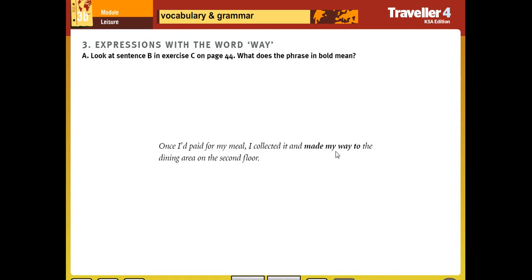When you make your way to, it means that you go in the direction of. I made my way to the dining area on the second floor. Let's check the next sentences and see the different expressions with the word way.